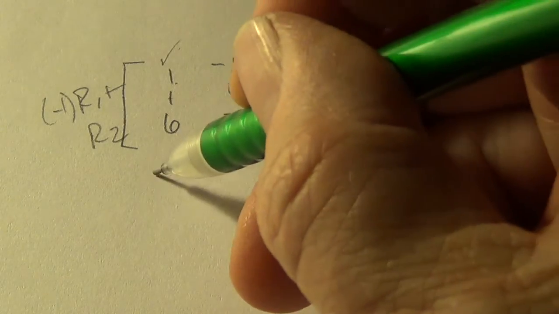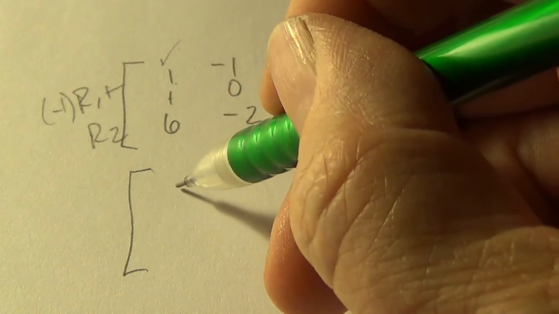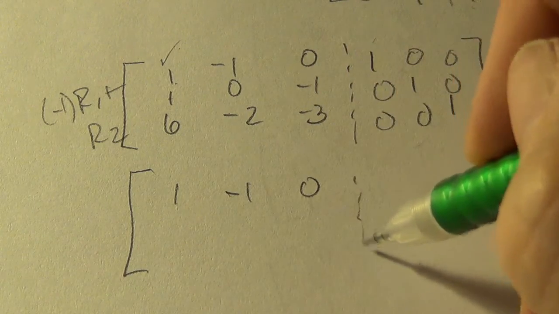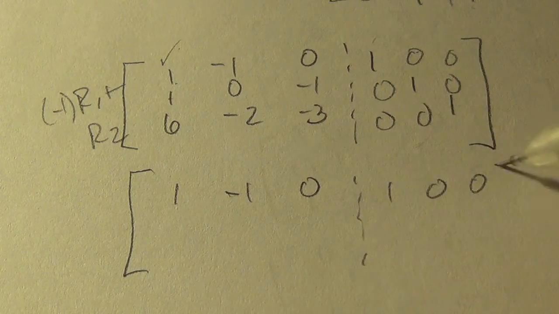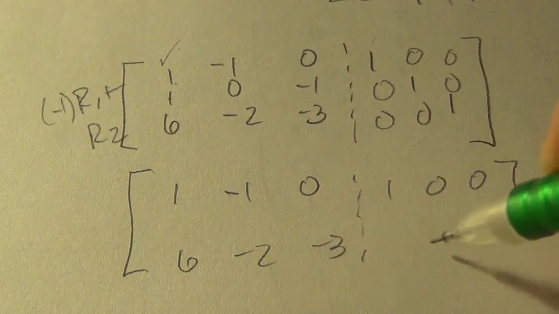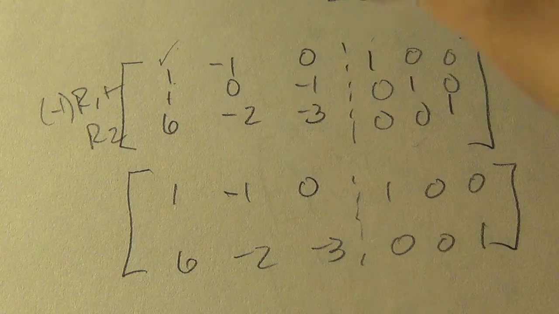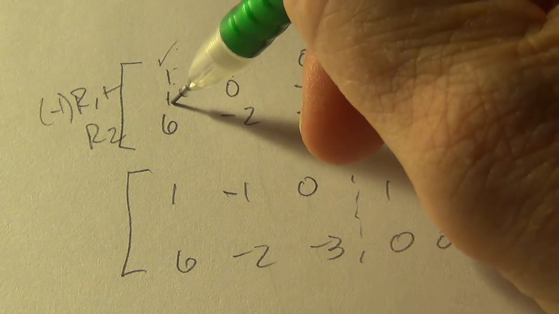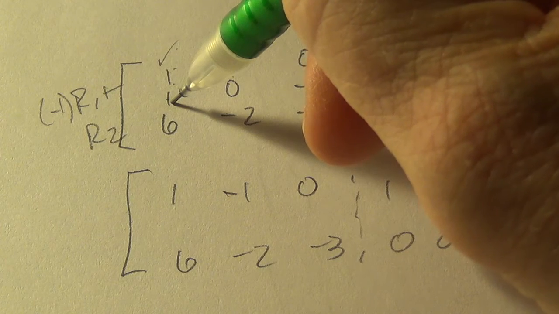So when I do that, row 2 will be replaced, but row 1 and 3 will be unchanged. So I'll quickly write those in. And now I will multiply row 1 by negative 1 and add it to row 2.